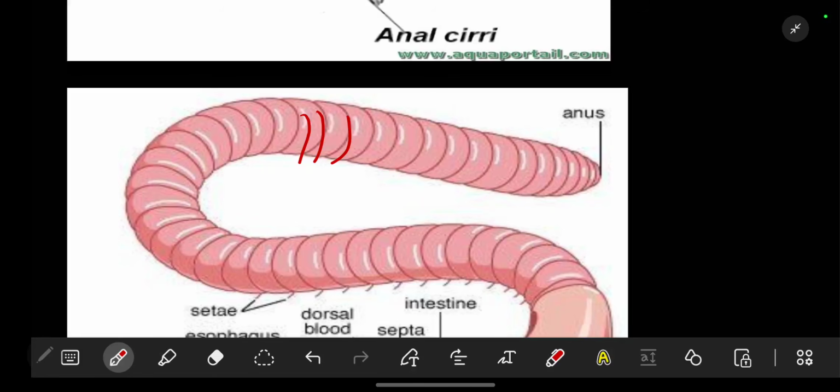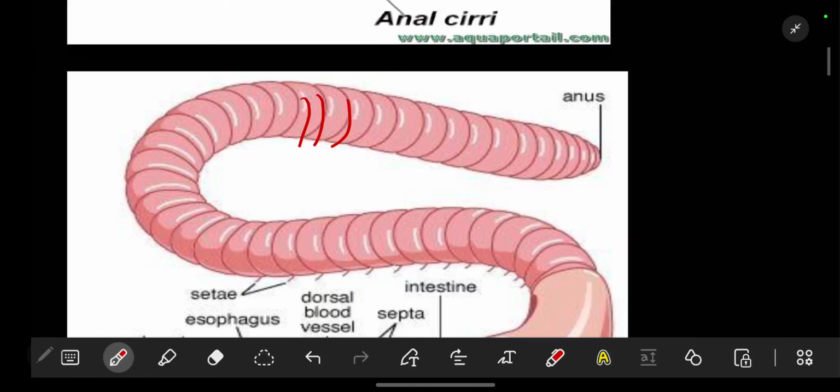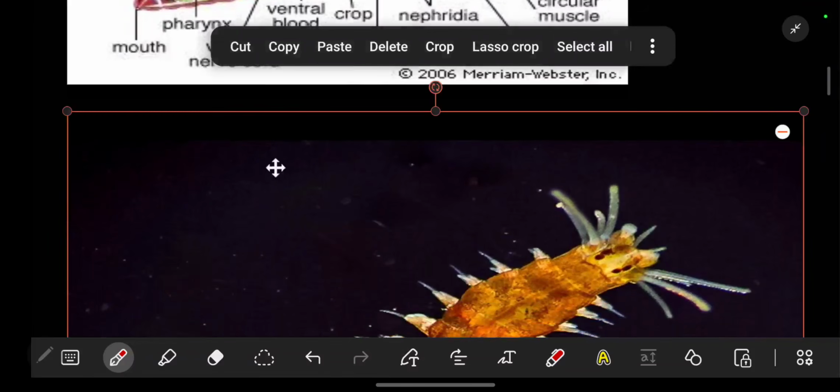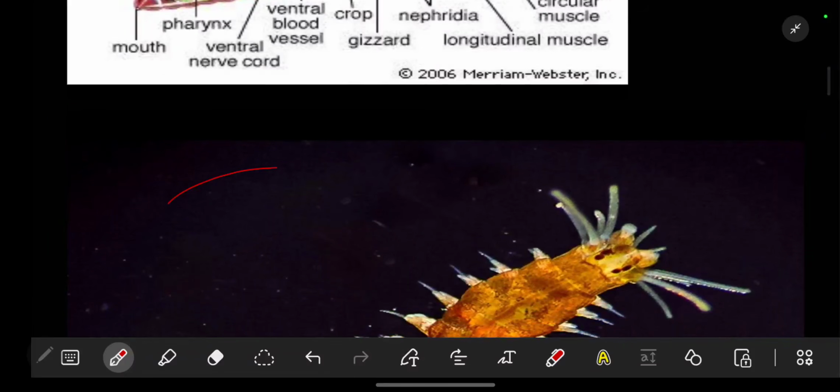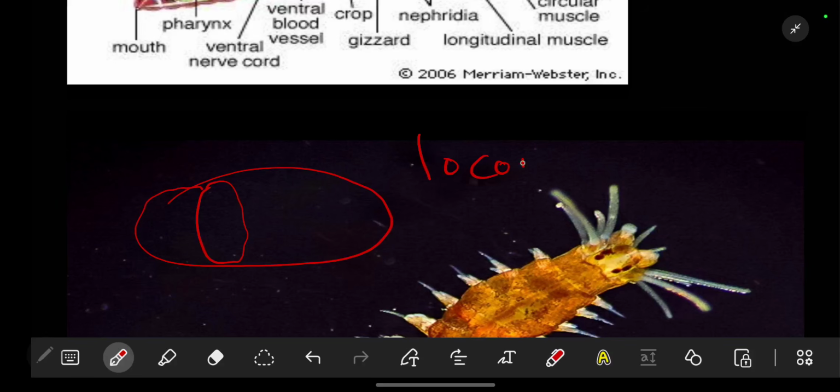Inside them, they have circular and longitudinal muscles that are used for locomotion, or rather movement. If you look at them, they look like something like this. So how is this possible?